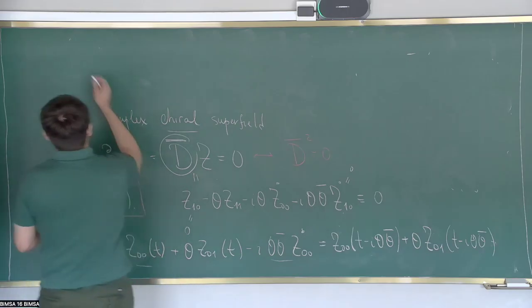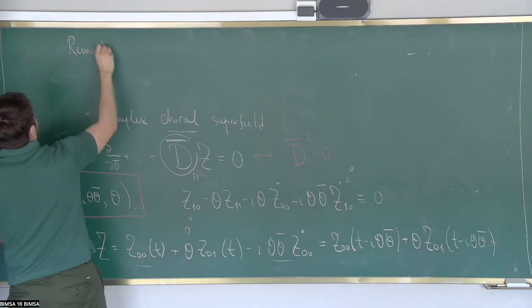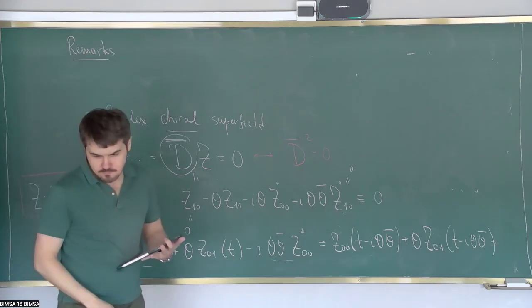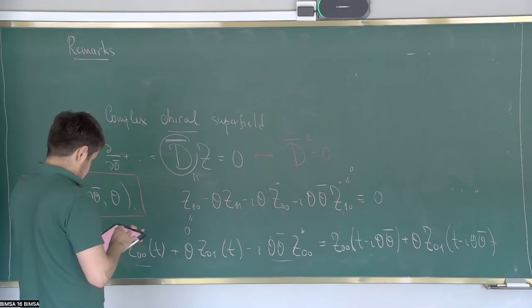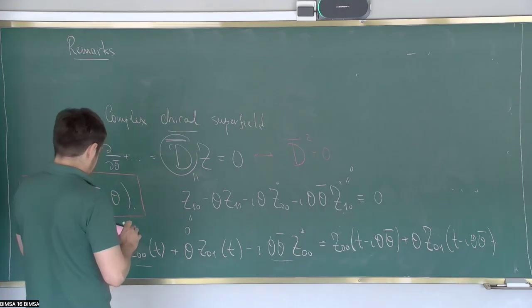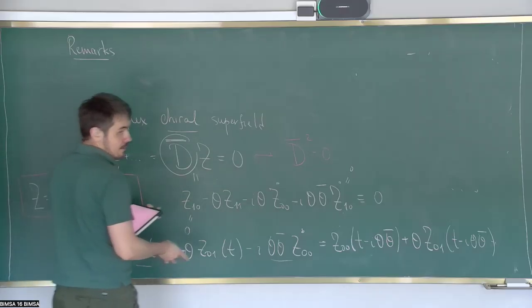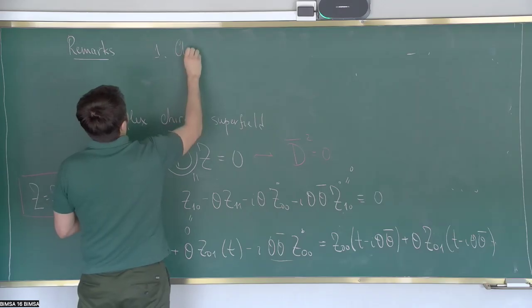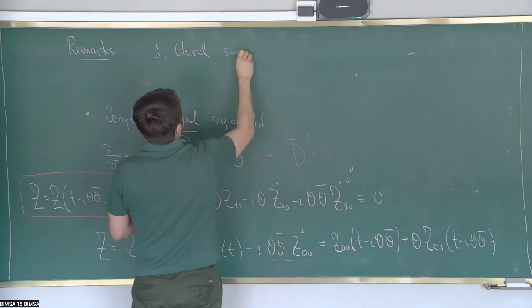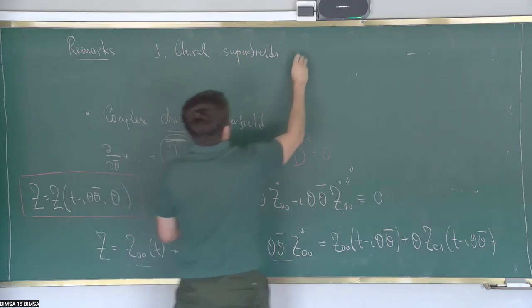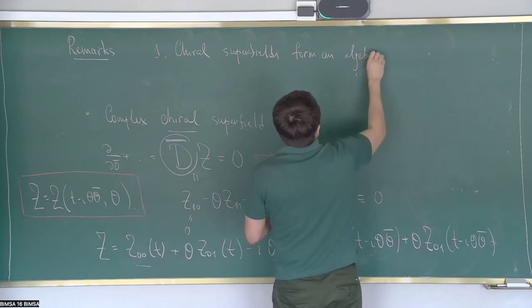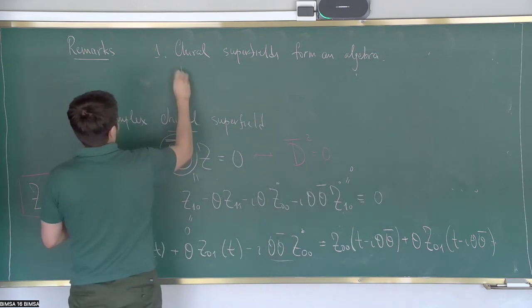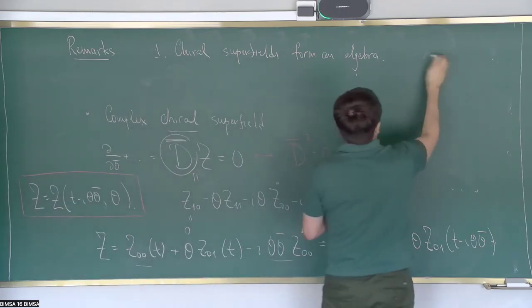So the remarks are as follows. First of all, these chiral fields form an algebra of complex numbers, just because d bar of z is still 0.